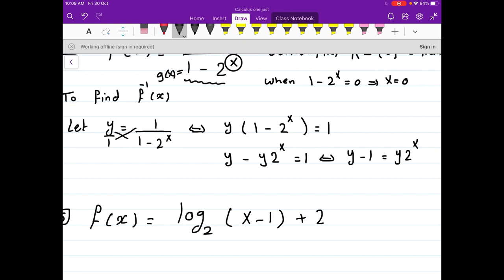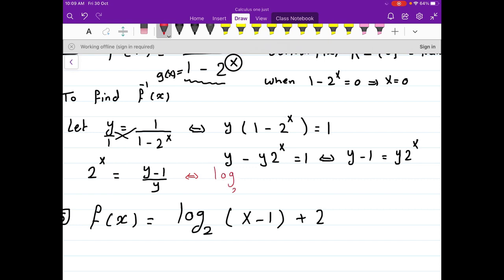Divide by y, under the condition y does not equal 0. So we have 2 to the power x equal (y minus 1) over y. To get x alone, we take the inverse of the function 2 to the power x on both sides.